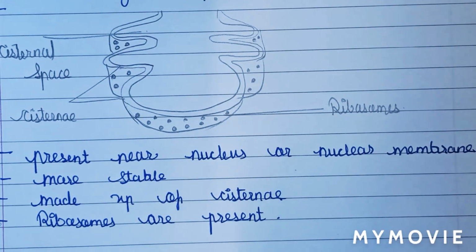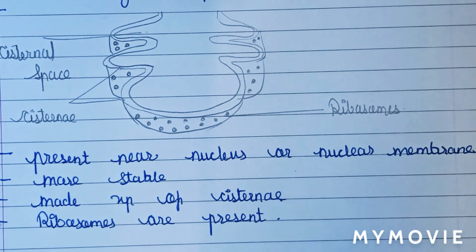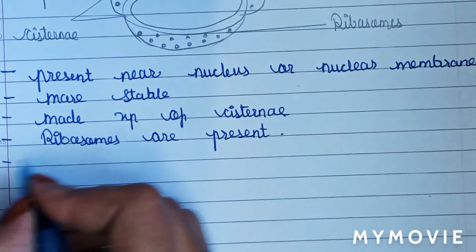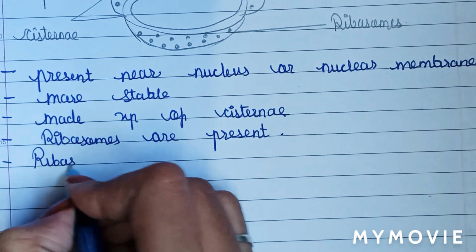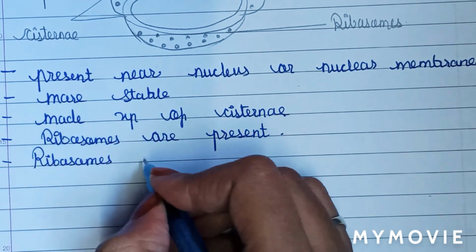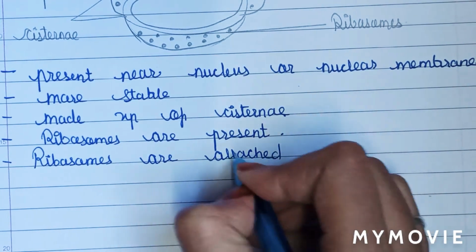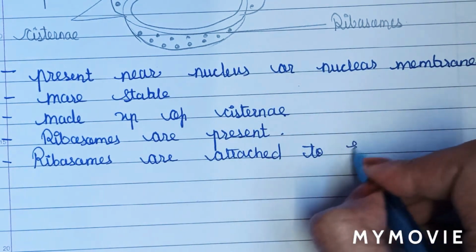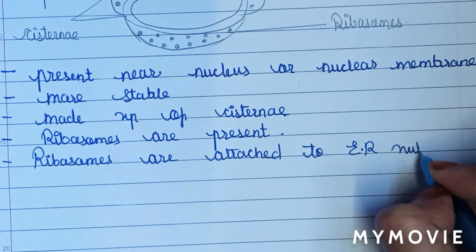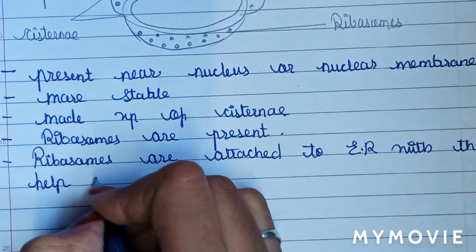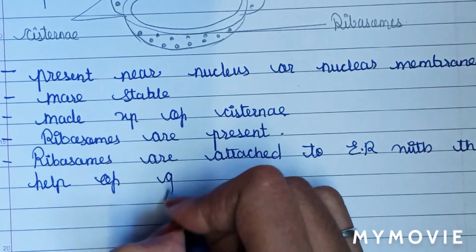Now, the ribosomes are attached to the endoplasmic reticulum with the help of glycoprotein. So we will write the point: ribosomes are attached to ER, endoplasmic reticulum, with the help of glycoprotein.